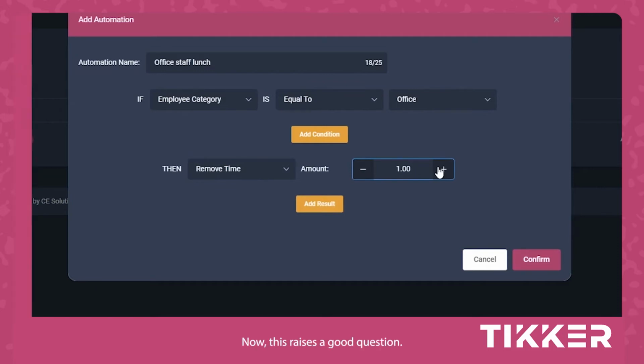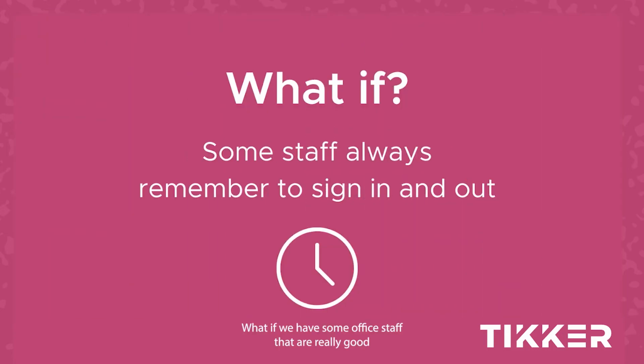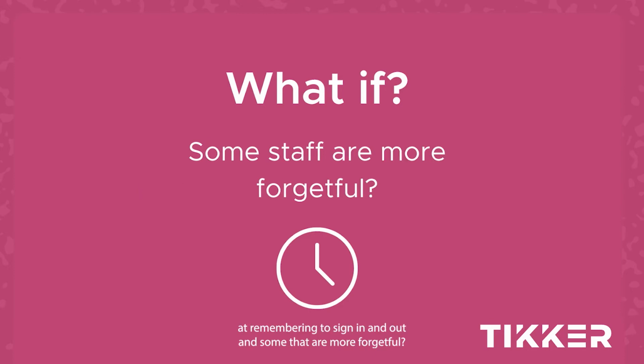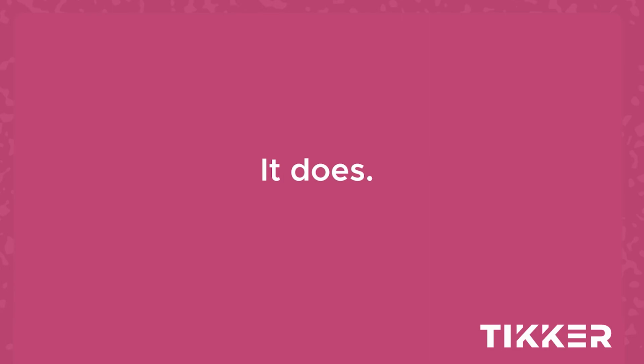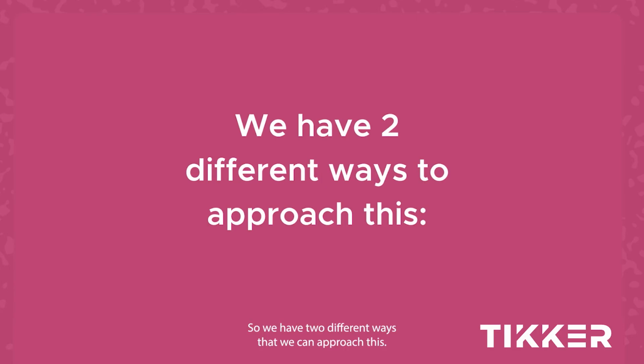Now, this raises a good question. What if we have some office staff that are really good at remembering to sign in and out and some that are more forgetful? Wouldn't this remove an hour from the time card of a staff member that remembers to sign out? It does. So we have two different ways that we can approach this.